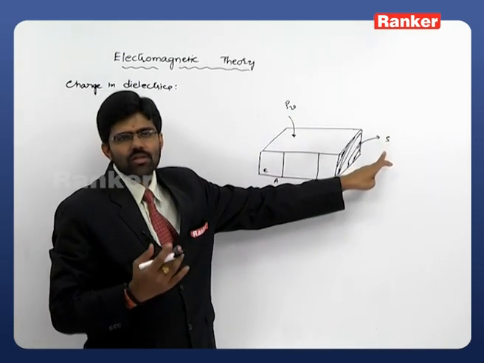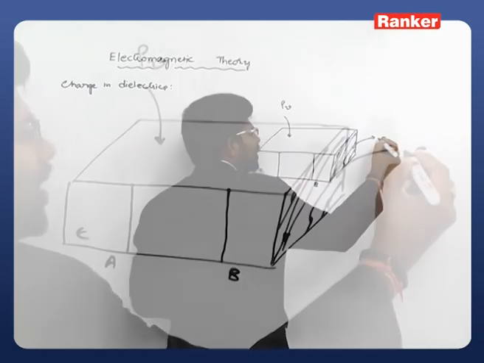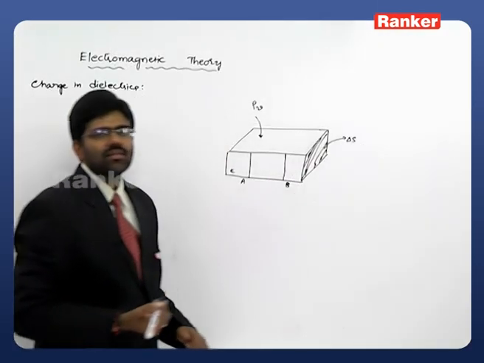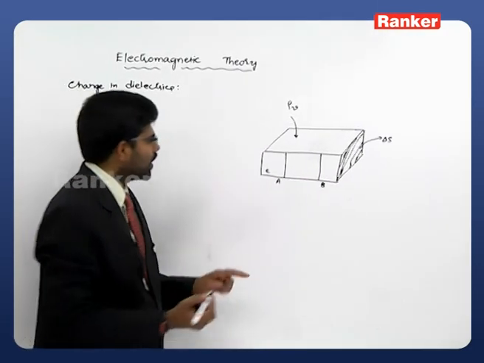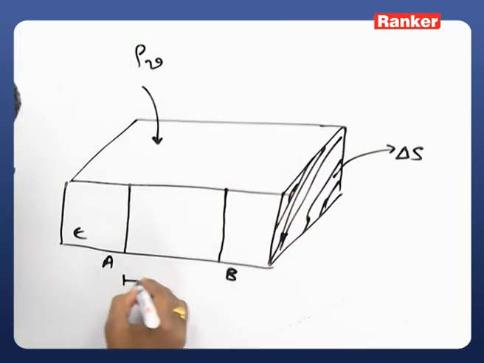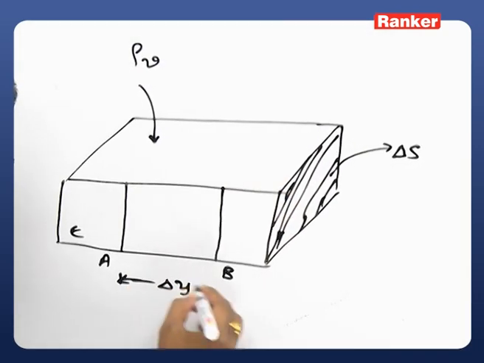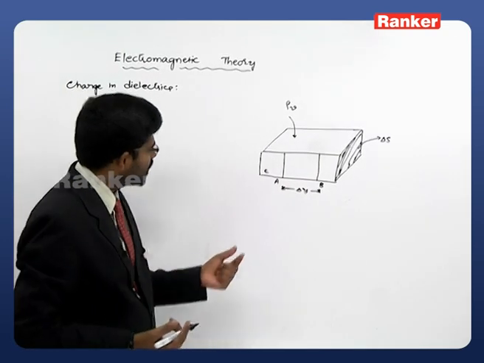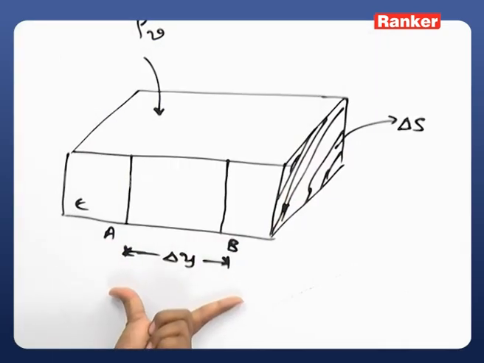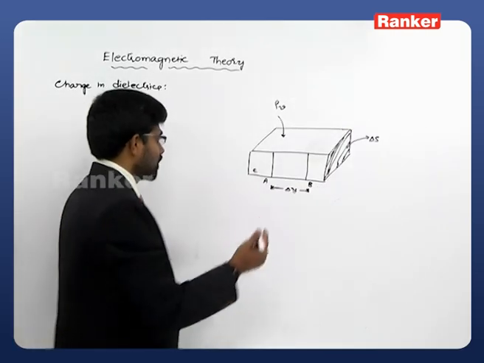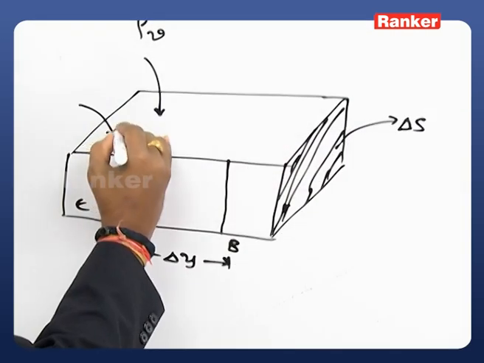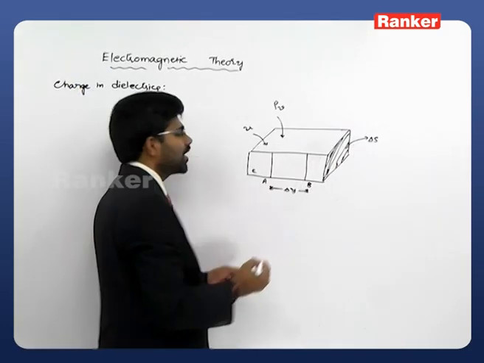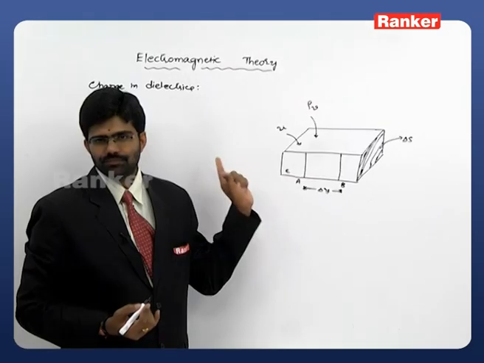For our convenience, I will take the differential cross-sectional area as delta S. Let us take the distance between these two points A and B as some delta y, the differential distance from point A to point B. And let us assume the velocity of our charge traveling in the dielectric slab is u.